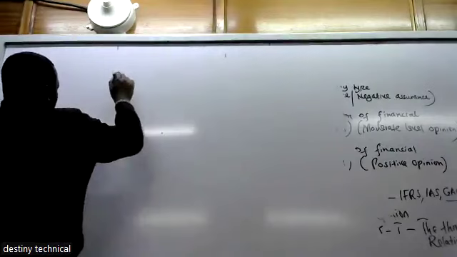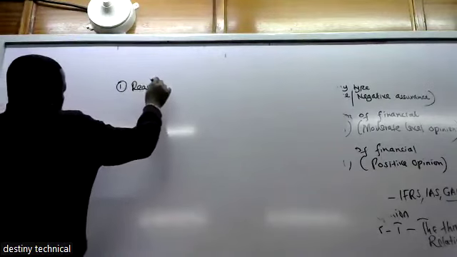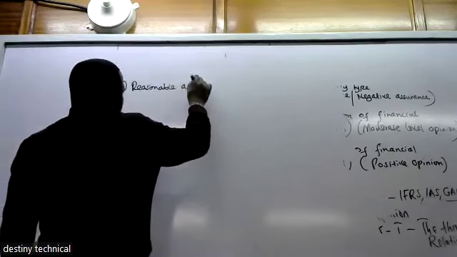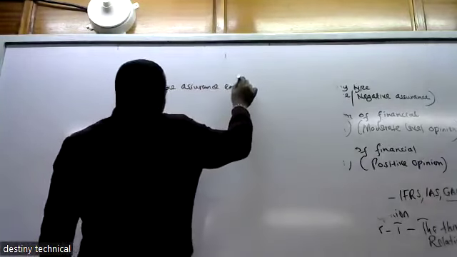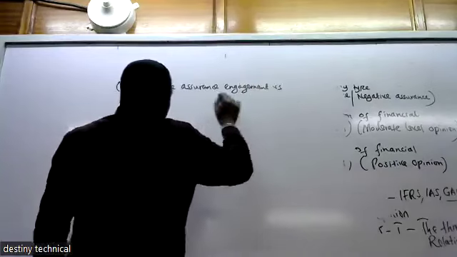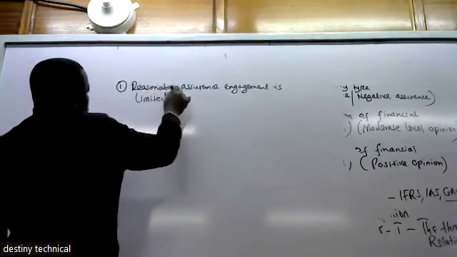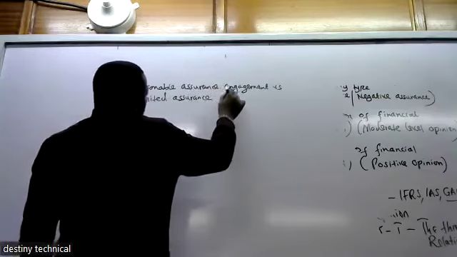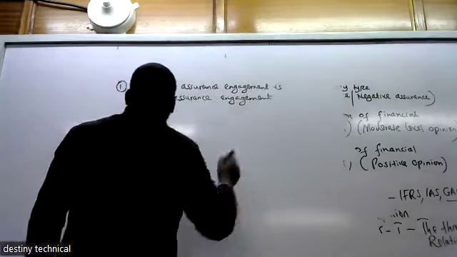The two classifications. Number one, reasonable assurance engagement versus limited assurance engagement.